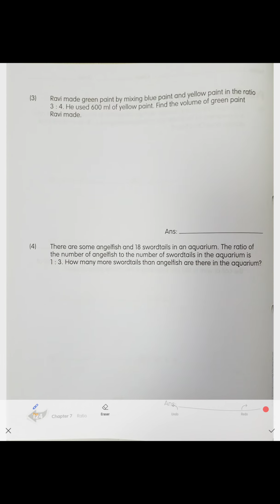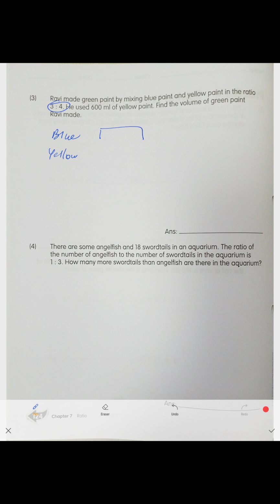Next problem. Ravi made green paint by mixing blue paint and yellow paint in the ratio 3 to 4. He used 600 milliliters of yellow paint. Find the volume of green paint Ravi made. Alright, very simple, right? We have 2 colors to mix. We have blue and we have yellow, right? And we have their ratio 3 to 4.